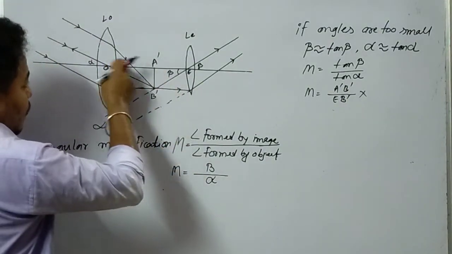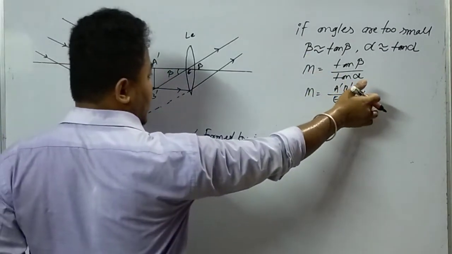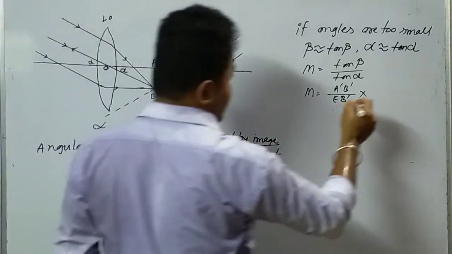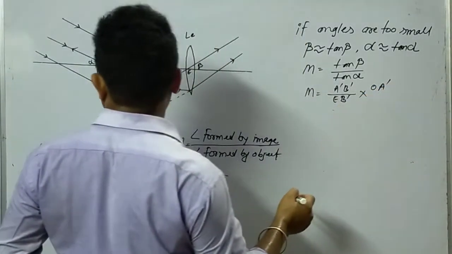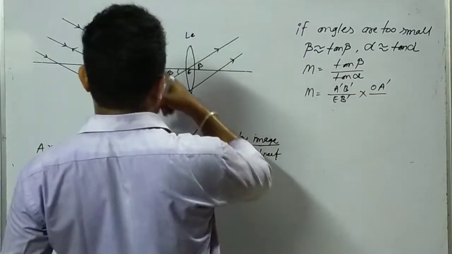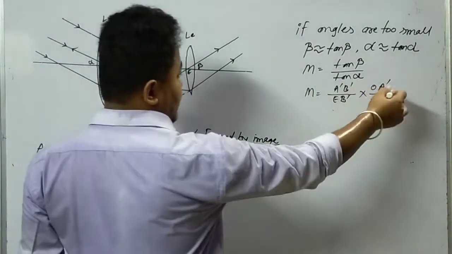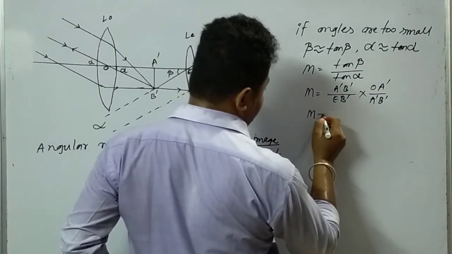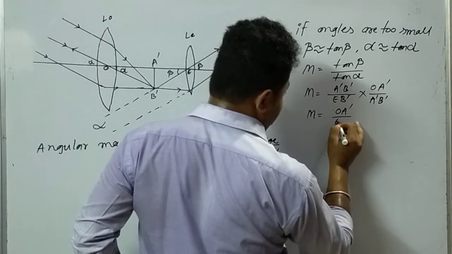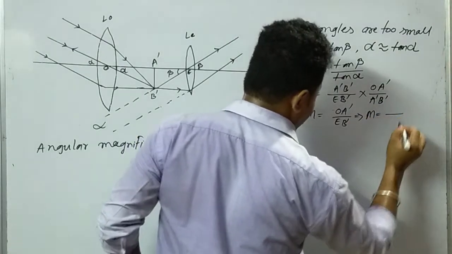A D S by O A D S. But as I am making this multiplication, it will be O A D S upon A D S. A D S will be cancelled out, so we can write M is equal to what you have left, and above it is O A D S and below it is E B dash. This implies M is equal to, what is O A D S?